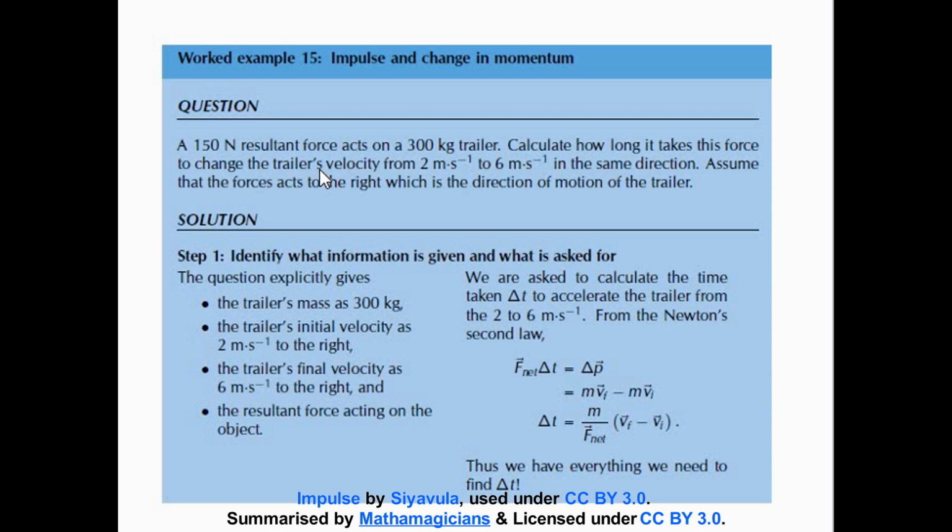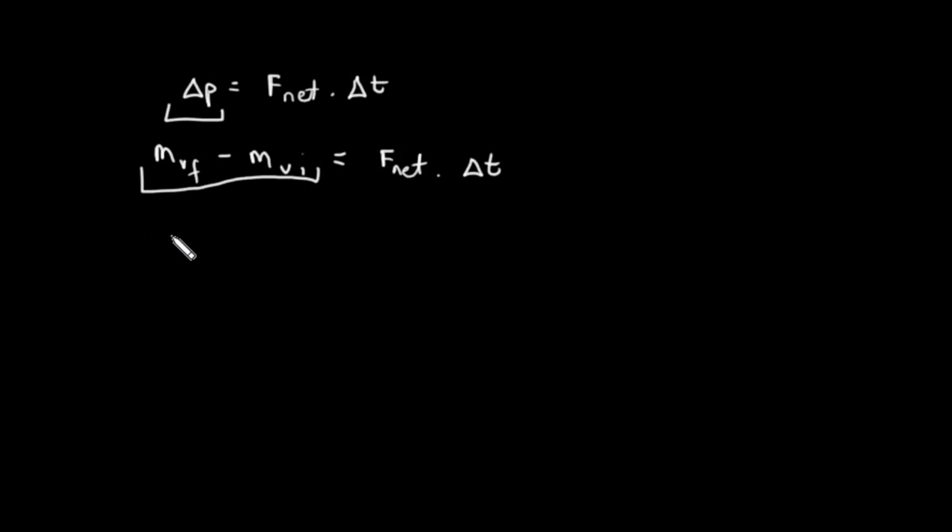Now we rearrange the formula so we have delta t as the subject, which is straightforward. We just divide everything by F net: we divide this side by F net to get rid of it so we only have delta t left, and we also divide the other side by F net.